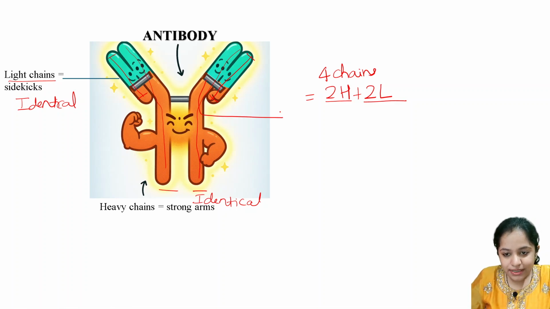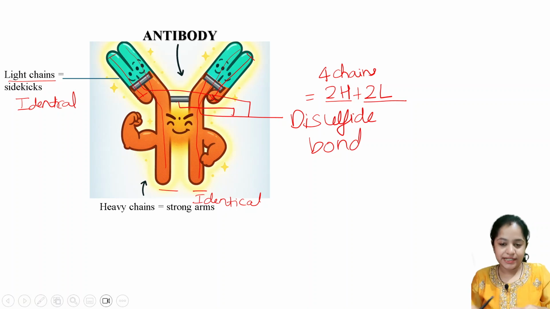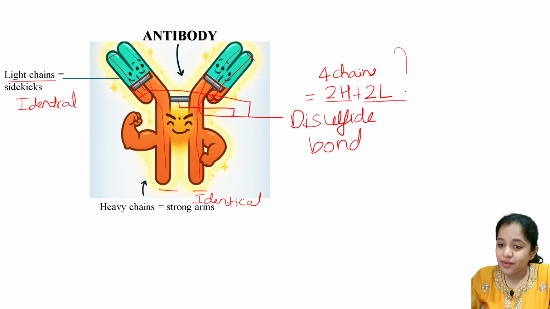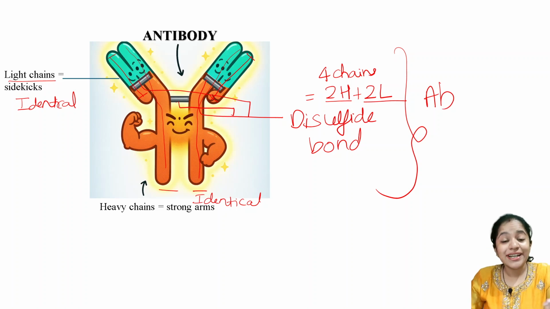This bond, just holding the 4 chains together, is the disulfide bond, clasping it together. Now apart from the disulfide bond, we have also certain weak forces like your hydrogen bond, your non-covalent interaction. All of them are doing what? They make you one strong defender, one strong antibody to protect us against antigen.